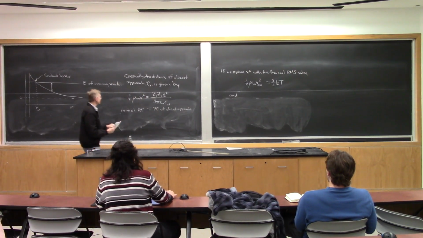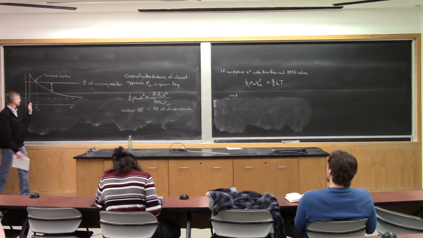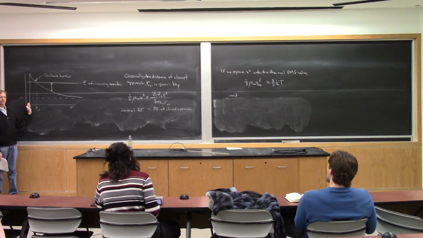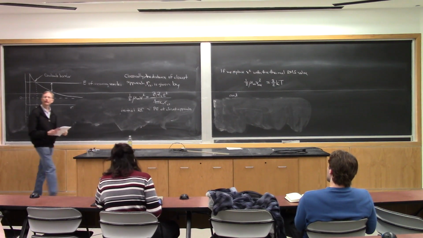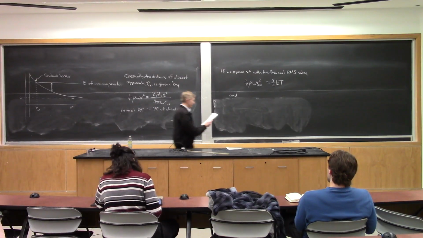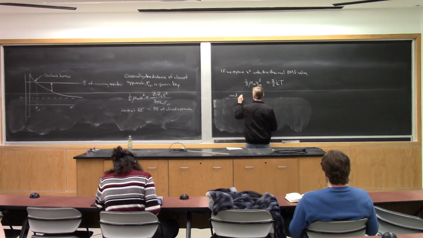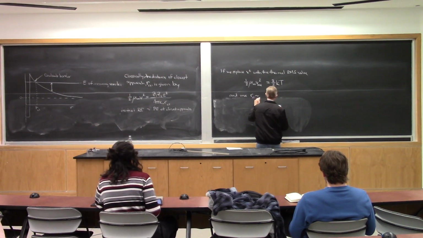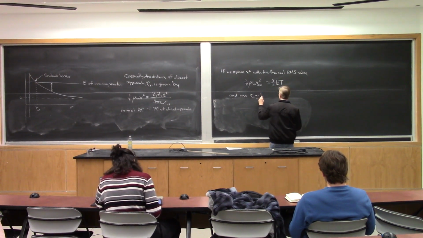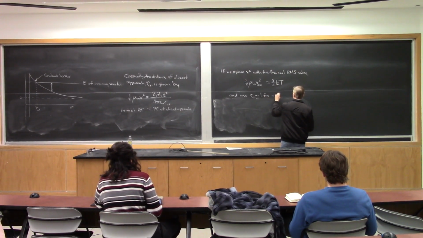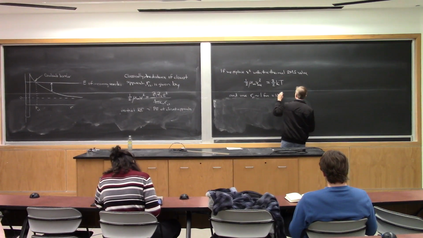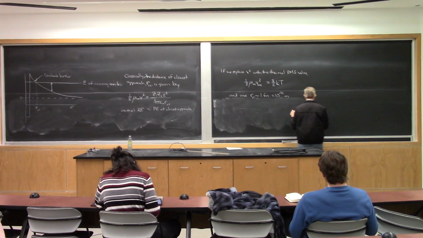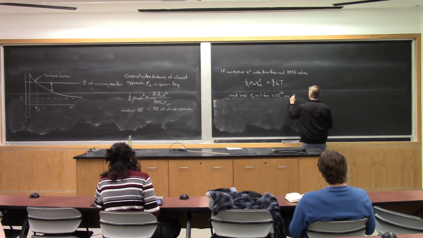So let's say our condition is they need to approach to within 10 to the minus 15 meters of one another, a Fermi of one another, and use that R classical be on the order of a femtometer, which is 10 to the minus 15 meters for a typical nucleus.